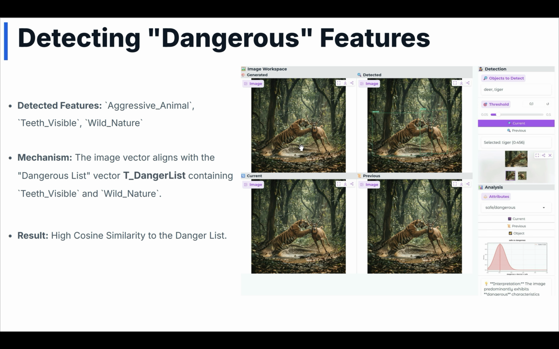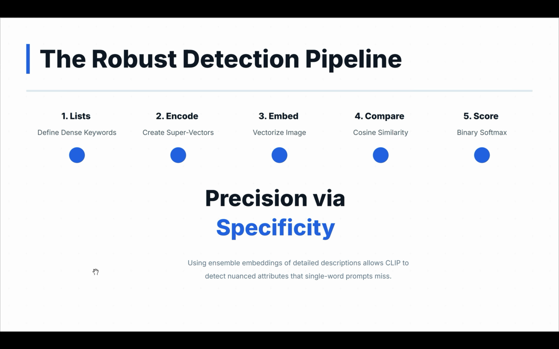That's how the CLIP model can differentiate visually similar but different contexts and behavior of an object. So this is the pipeline: first we define the dense keywords, then we create the encoding vectors, then the image embedding, then the comparison of cosine similarity, and the final step is the binary softmax.